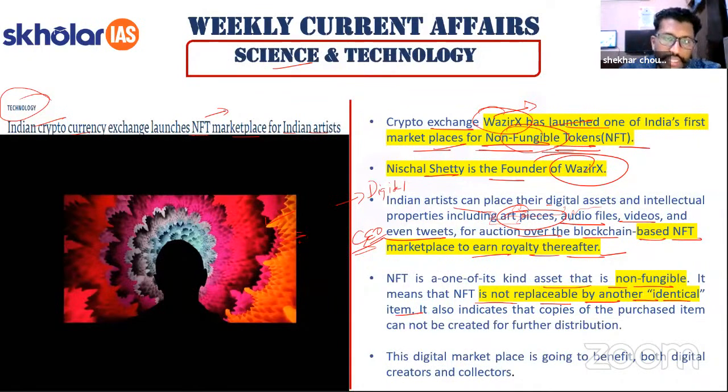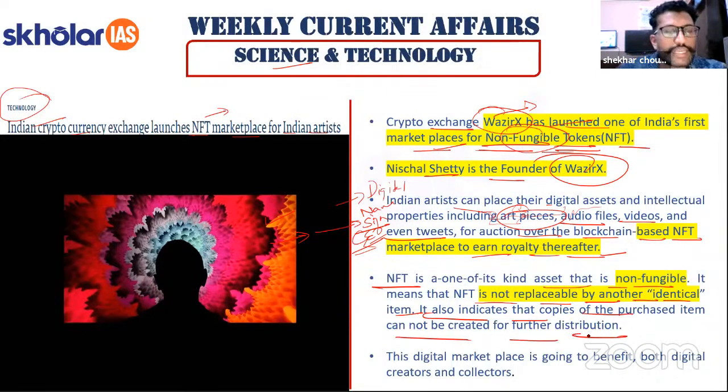So over here, if you have your name, your signature, and your kind of trademark, nobody else can replace it. So the digital artwork, the digital audio or video, or whatever your intellectual property is, is being safeguarded by NFT technology. It indicates that copies of the purchased item cannot be created for further distribution.